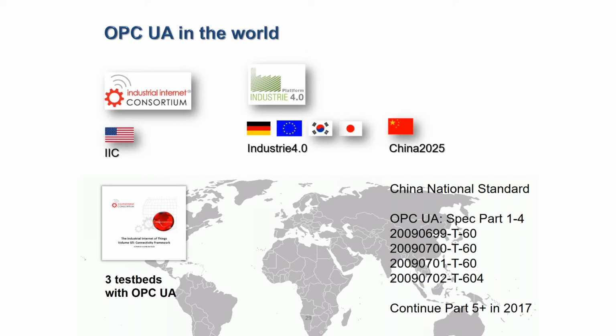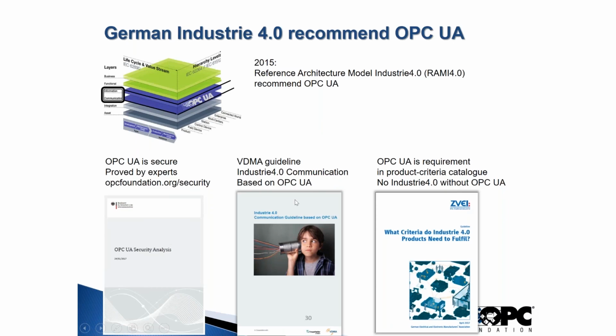For Industry 4.0, I would like to share this information. OPC UA has already been recommended as the only communication layer in the RAMI Reference Architecture Model Industry 4.0, which was published in July 2015. Inside this RAMI model, there are 2 layers for communication and information where OPC UA clearly makes sense.